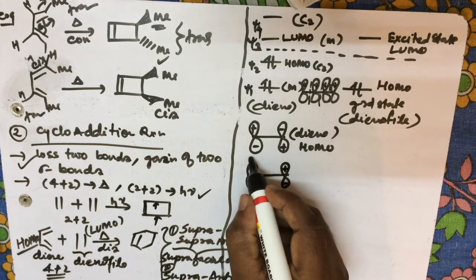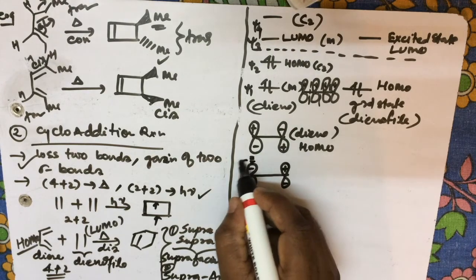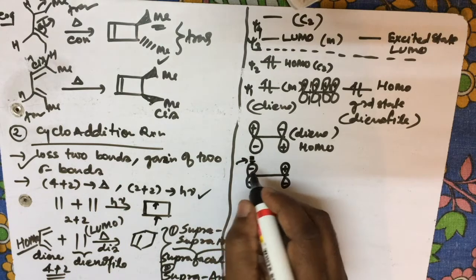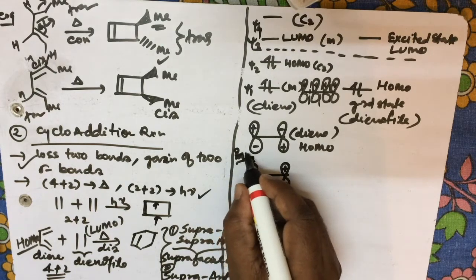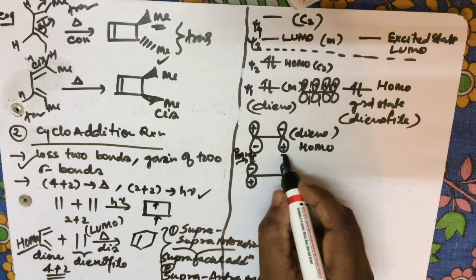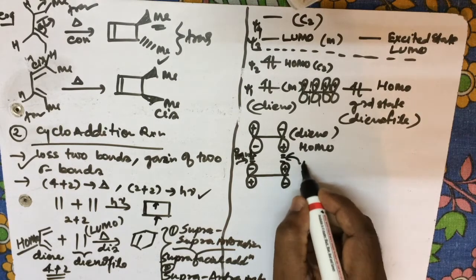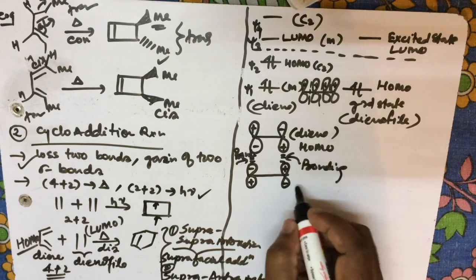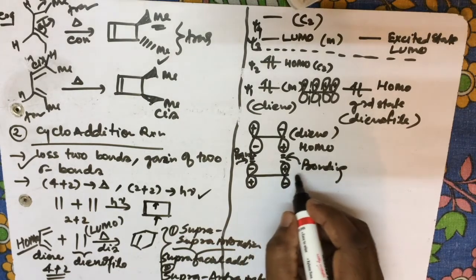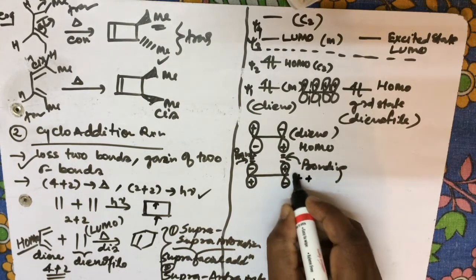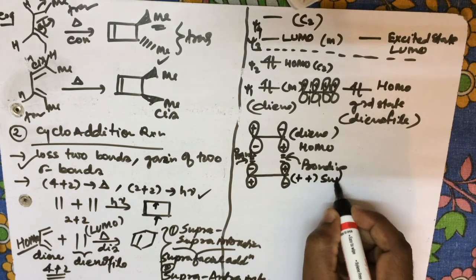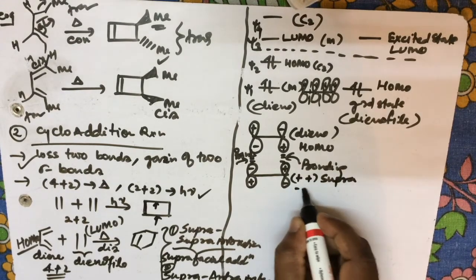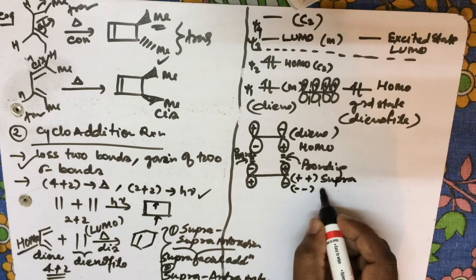So this interaction forms the bonding, and this interaction also forms the bonding. So this is basically supra: positive we call supra, and negative is called supra also.